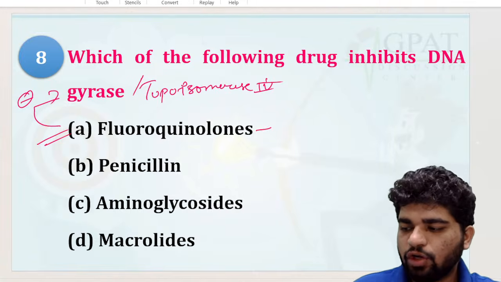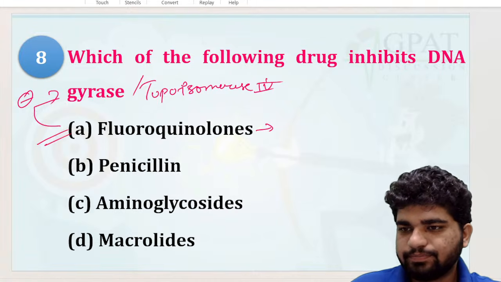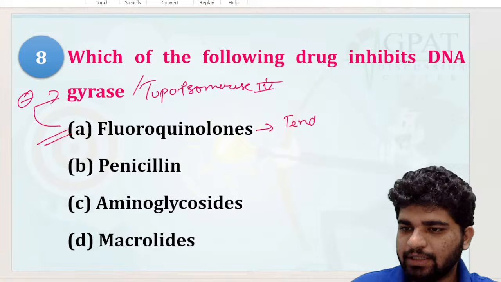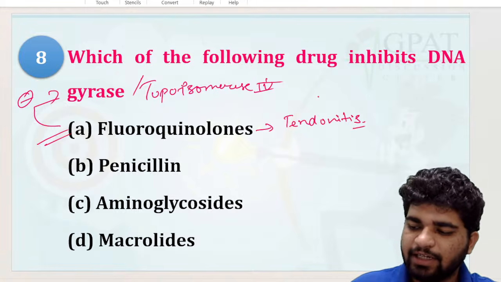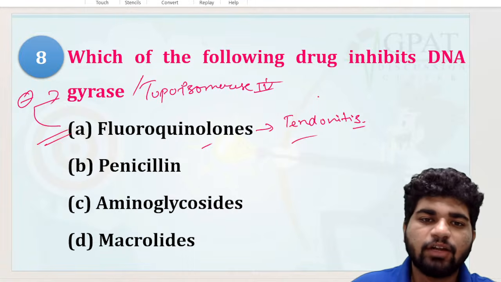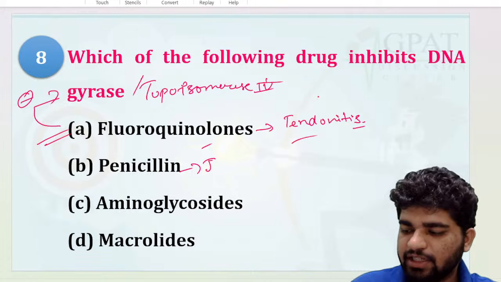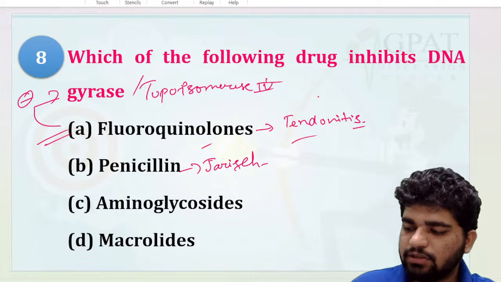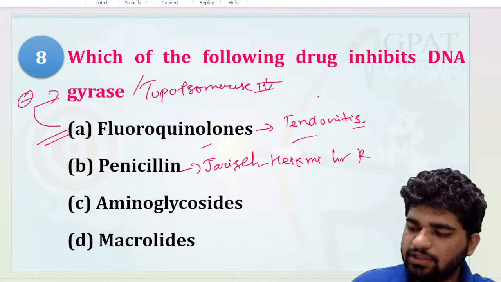And if I talk about the adverse effect of fluoroquinolones, that is nothing but tendinitis. Remember this one as well. The adverse effect of penicillin is the Jarisch-Herxheimer reaction.